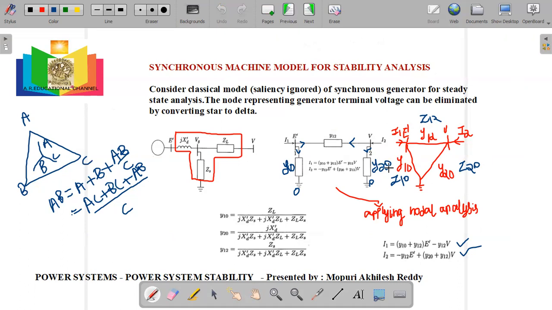We know Y10 plus Y12 is capital Y11. We already studied Y bus. And minus Y12 is capital Y12. Similarly, minus Y12 can be capital Y21, and Y20 plus Y12 is capital Y22. So I am writing this in the form of a matrix.